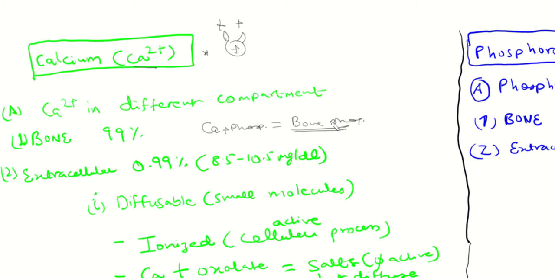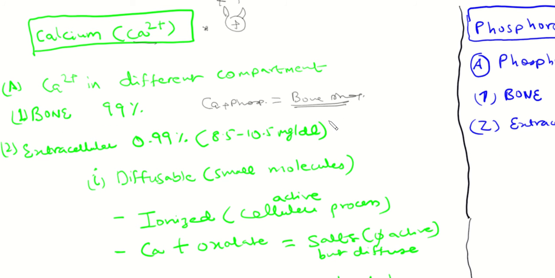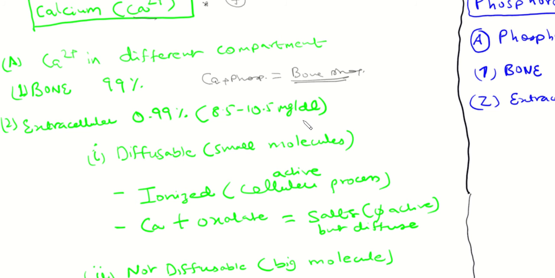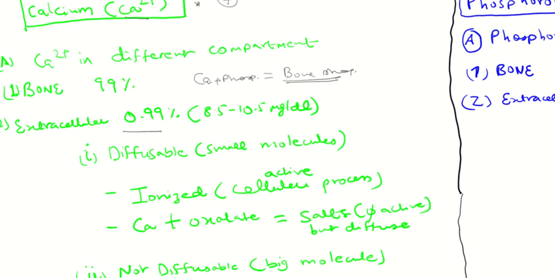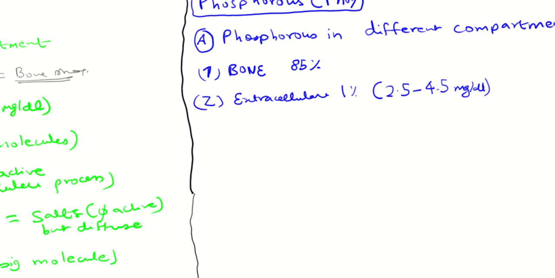Now when we're talking about spaces, in the extracellular space, approximately 1% of it is calcium. And the other good news is when you look at the extracellular space in human beings, 1% of the phosphorus is there too. So your phosphorus in the body, 1% is extracellular.